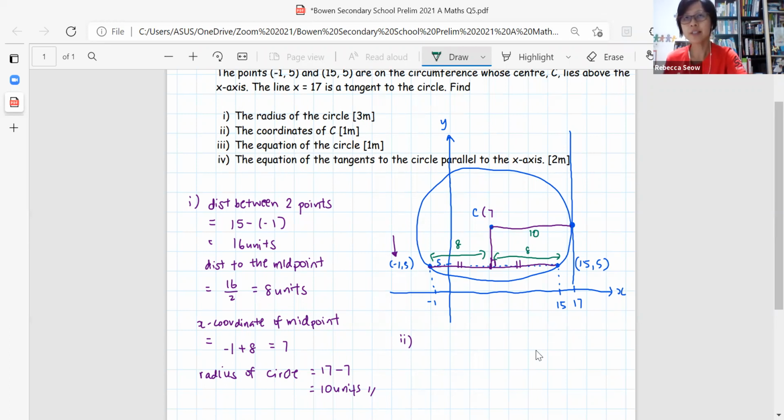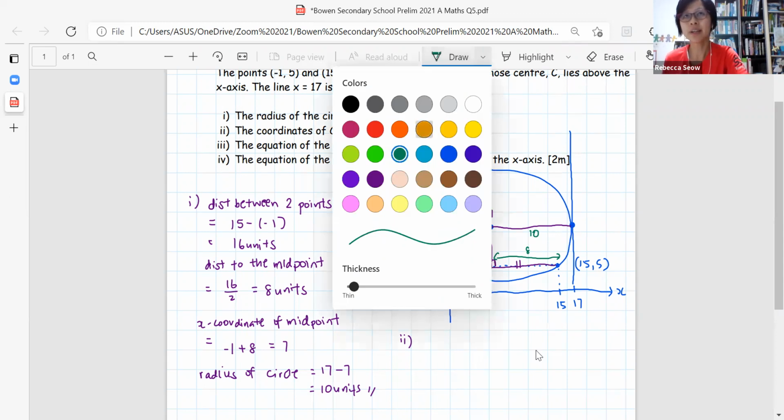So if this is 8 units and we have 10 units here, why don't we consider shifting the 10 units radius, instead of it being horizontal, I'm going to shift it this way. I'm going to make it a little thicker.